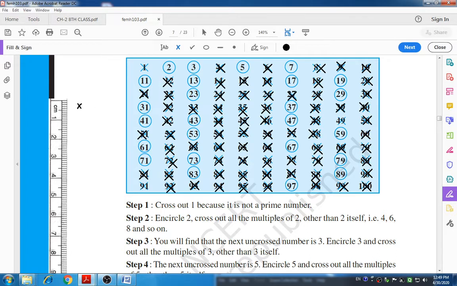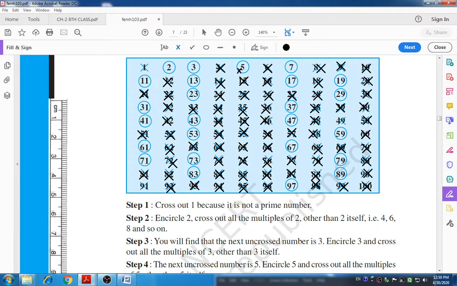Please students, take out your rough notebooks and note down the important points related to this table. What was my first question? How many numbers are there which have one digit and are also prime numbers? Only four numbers, that is 2, 3, 5, 7.